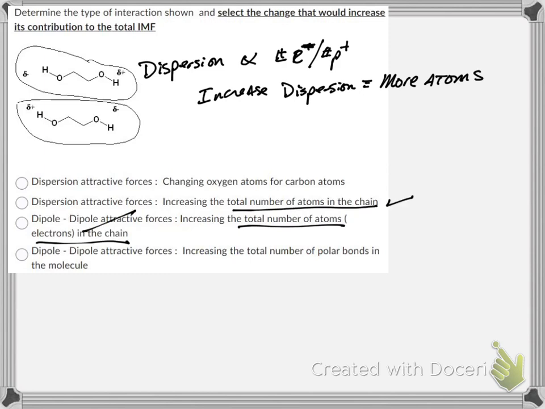So when we look at this, we can immediately cross out dipole attractive forces. For dispersion attractive forces, changing oxygen atoms for carbon atoms is not going to do it. That's reducing the total number of electrons by 2 for each atom. But increasing the total number of atoms in the chain will increase dispersion.